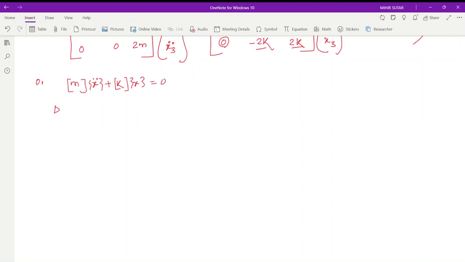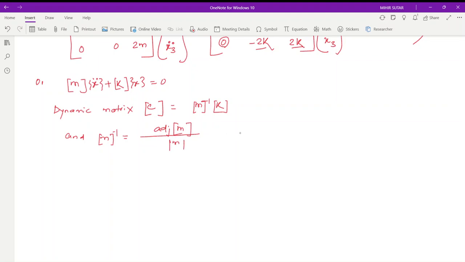The dynamic matrix C is basically M inverse multiplied with the stiffness matrix, and this M inverse we can find as the adjoint of M divided by its determinant, and we have this determinant for the mass matrix. If you calculate it will be 2m cube. Okay.